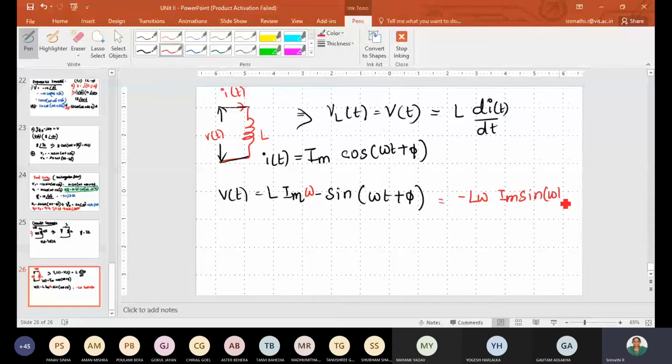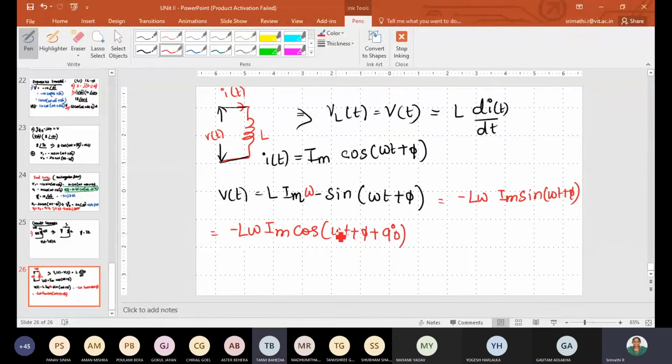And what I said, sine form, again convert back to cosine form. How to convert this into cosine form? Minus sin becomes minus L omega Im cos of omega t plus phi plus 90 degrees.